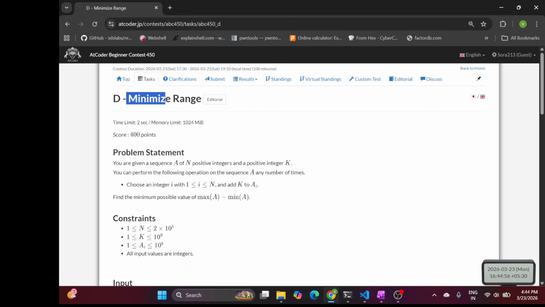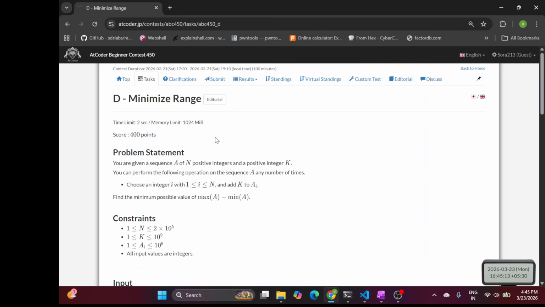The next question is minimize range. You are given a sequence of n positive integers and a positive integer k. You can perform the following operation on sequence A any number of times: choose an integer and add k to it.